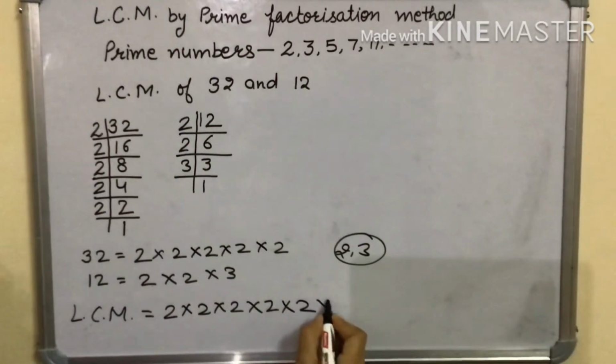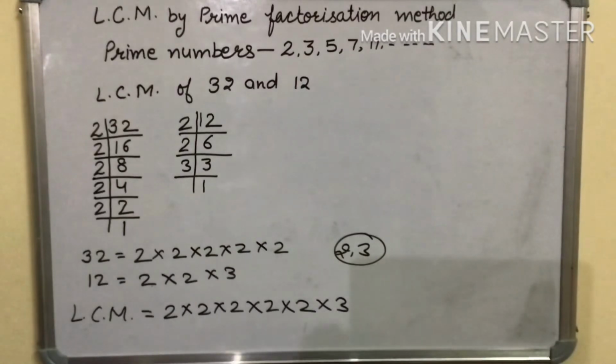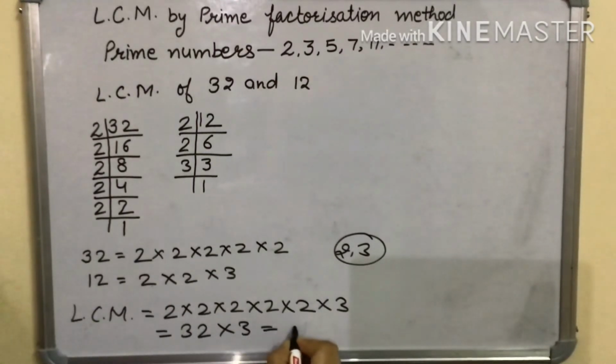And this is multiplied by 3. Now 2 twos are 4, 4 twos are 8, 8 twos are 16, 16 twos are 32, and it is multiplied by 3, then we get 96. So like this, LCM of 32 and 12 is 96.